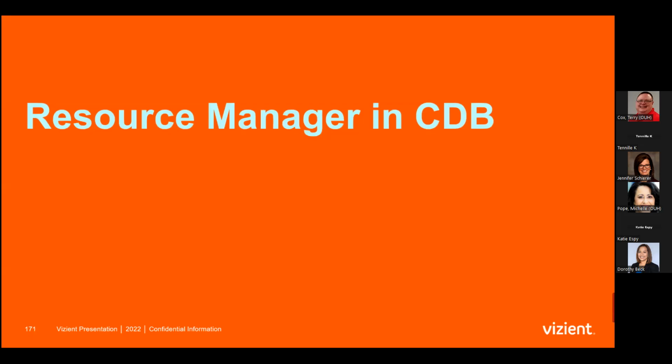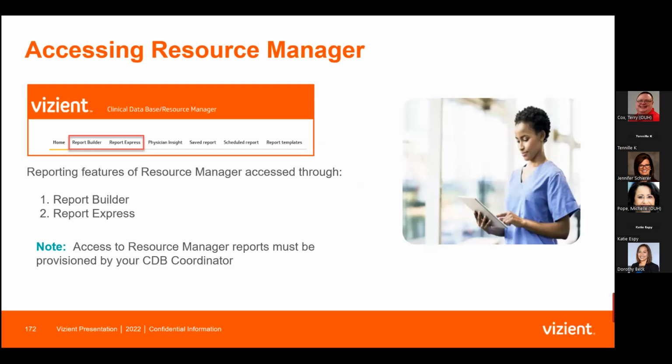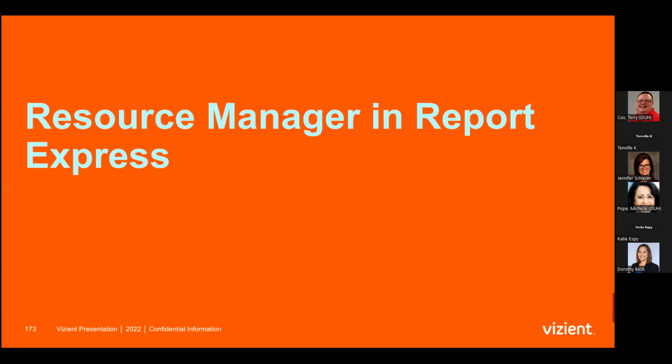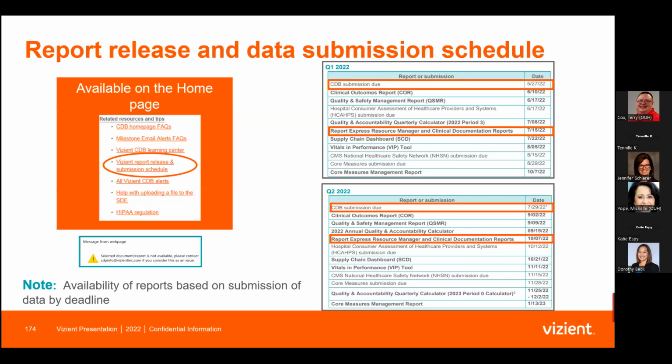Now we're going to get into Resource Manager reporting. Let's quickly go through this. Like any other reporting, we have the Report Express that's Vizient generated and Report Builder that you can create on your own for ad hoc reporting. So let's start with the Vizient generated reports. And this is the one that we mentioned earlier, the report release and data submission.